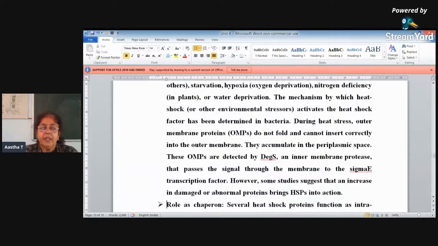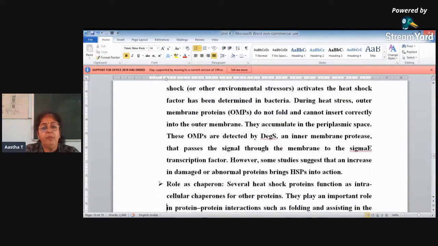So when sigma factor binds, the RNA polymerase will be able to bind to the promoter and start the process of transcription. So abnormal proteins can give the signal to sigma factor, whereby sigma factor can bind to the RNA polymerase, form the holoenzyme and start transcription.